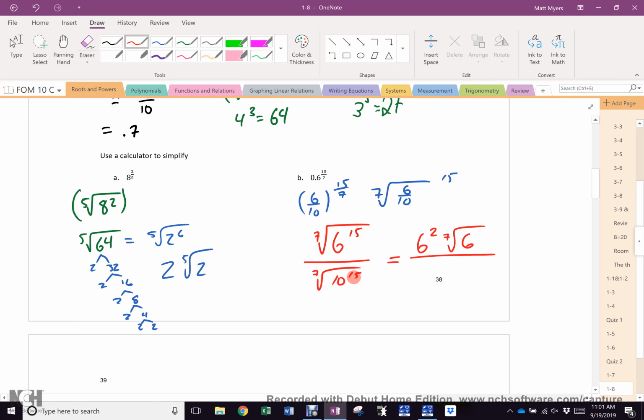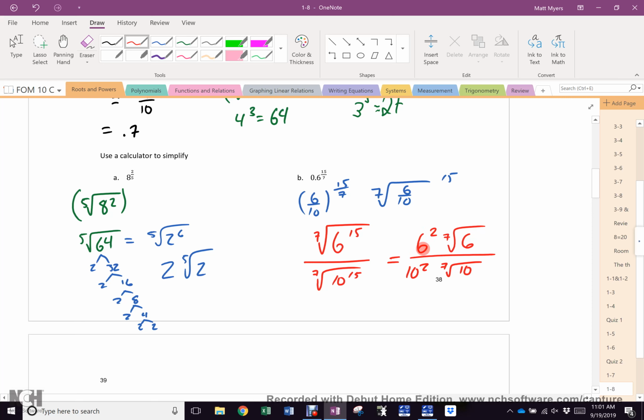How many groups of 7 can I get out of 15 here? 2. So I would bring out 10 squared, and what would stay under there? What would I write there? 10.